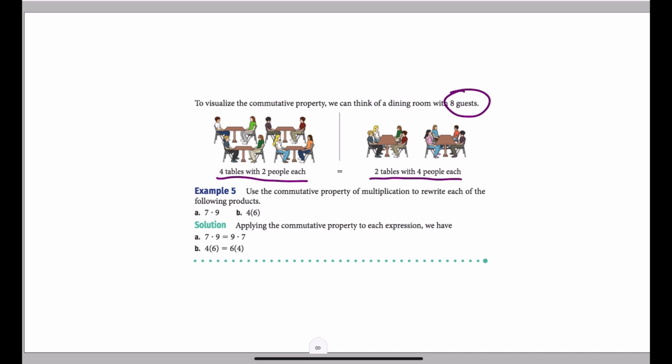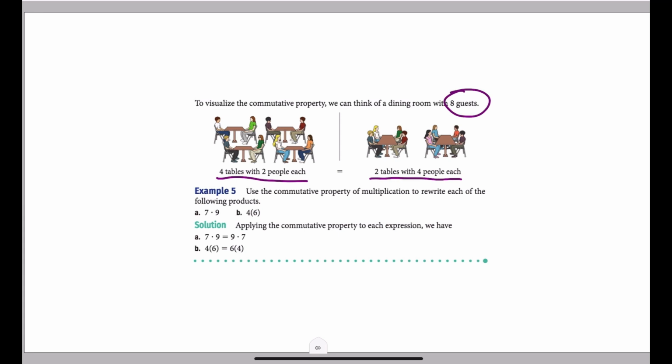Those are 2 different ways I can get 8 guests. Now you might say from a restaurant standpoint that the 2 tops are a little bit more manageable because you've only got 2 dishes coming out simultaneously, whereas with the 4 tops, you've got 4 dishes coming out. But the number of guests dining in the evening is the same, and that's the important takeaway here.